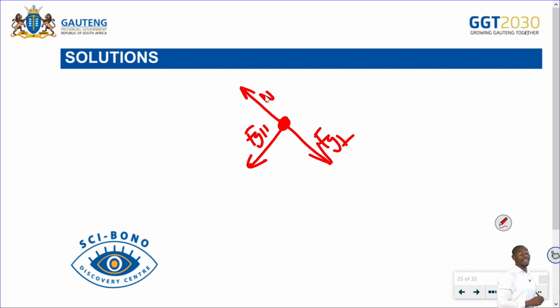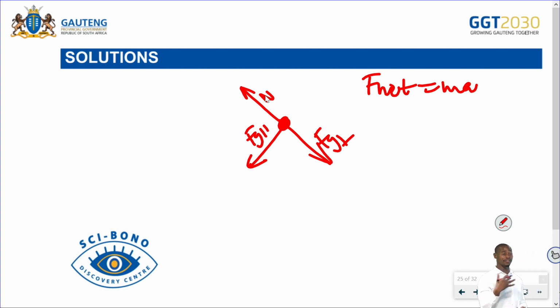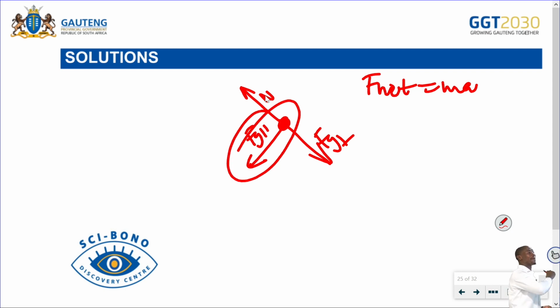Right? So they want the acceleration. So F net, we know it's given by Ma, because now it's accelerating. So we are changing from Newton's first law to Newton's second law, right? How many forces are acting parallel? Since this object is moving parallel, there is only one, which is our Fg parallel.